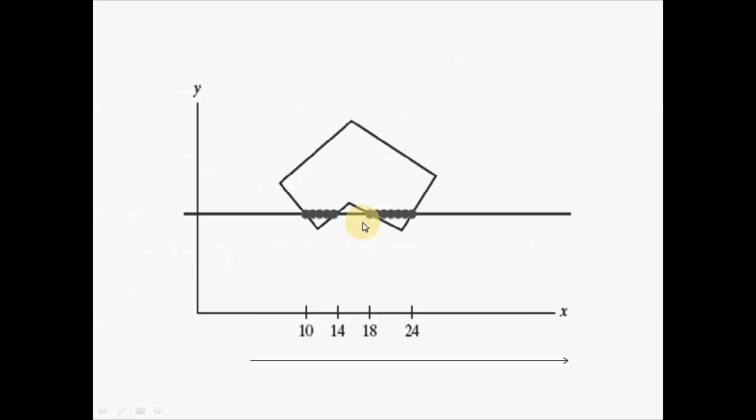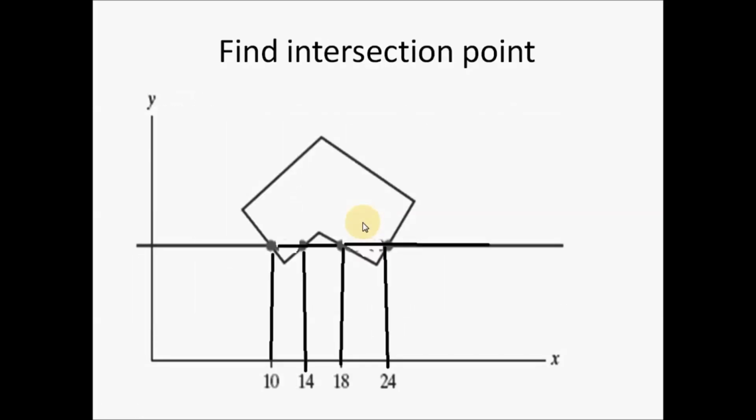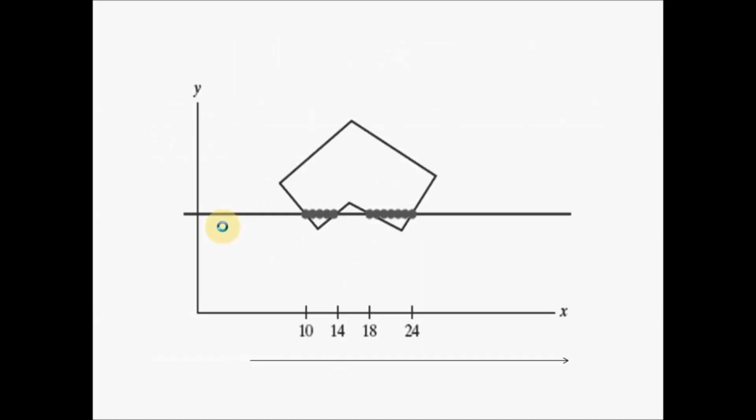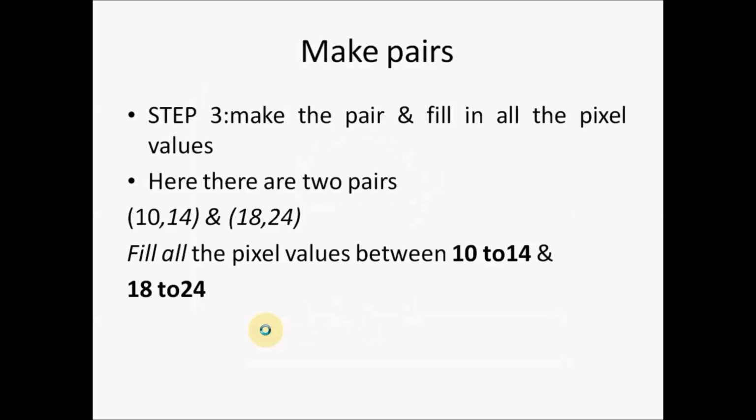So let me brief this. First I have to find the intersection points. Here we found 4 intersection points: 10, 14, 18, 24. Next we sort them from left to right, from smallest to biggest, ascending order. Next we make the pairs: 2 pairs, 10, 14 and 18, 24, and we fill all the pixels that come within 10 to 14 and 18 to 24.